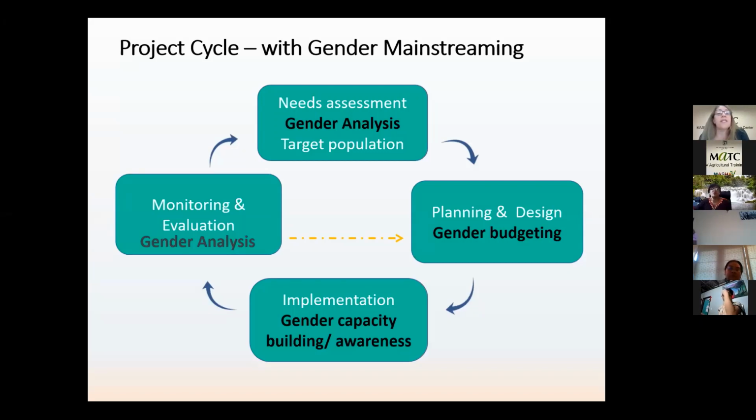And as for monitoring and evaluation, once again, you need to do another gender analysis to see what is happening. And all of the findings must be mainstreamed back into the planning and design of the project in order to integrate for the following phases of the project.